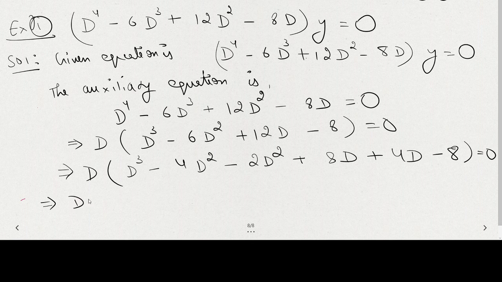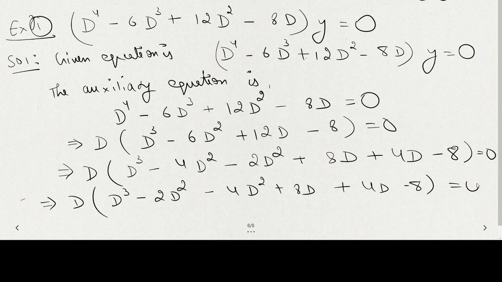We can write it as D^3 - 2D^2 on one side, and -4D^2 + 8D on one side, plus 4D - 8 on one side.